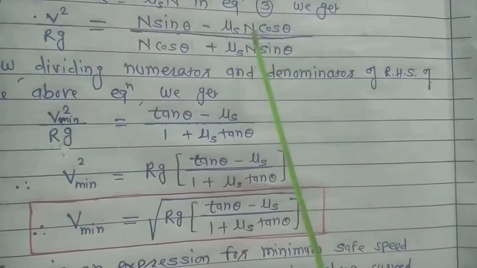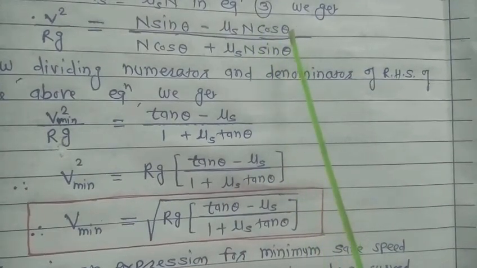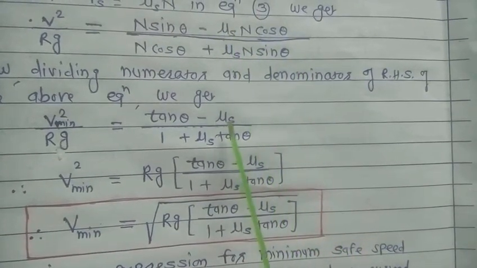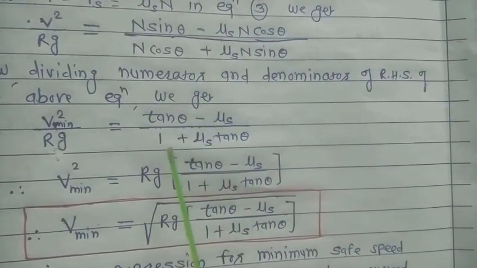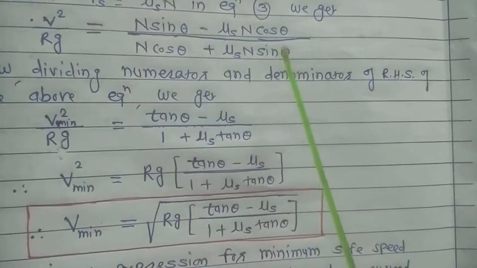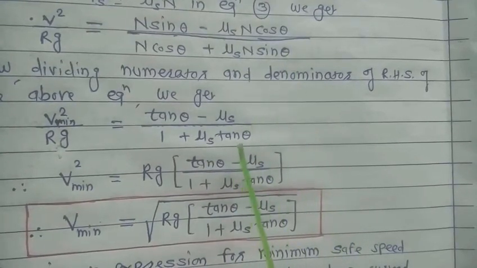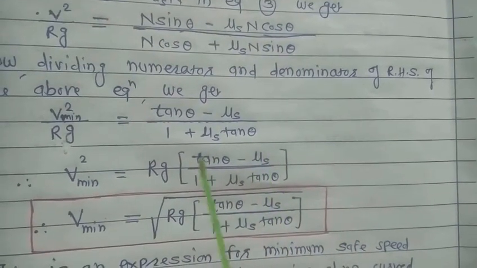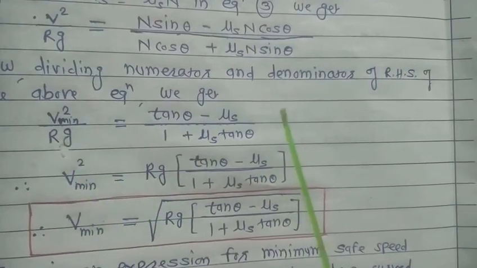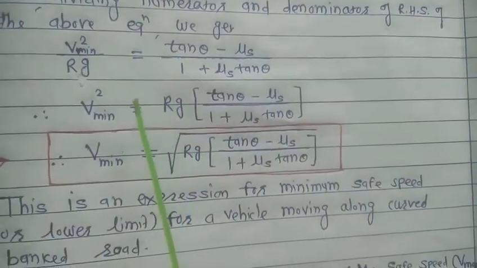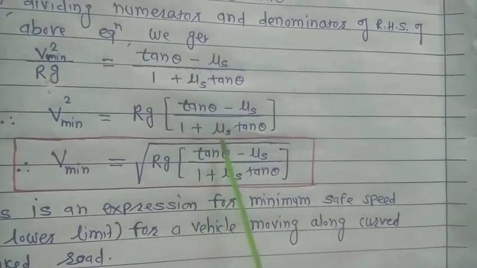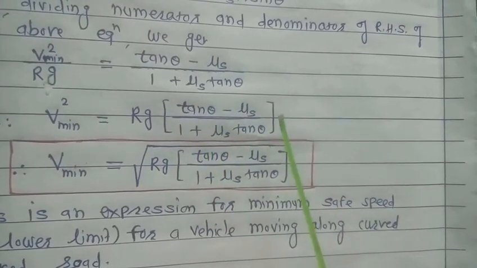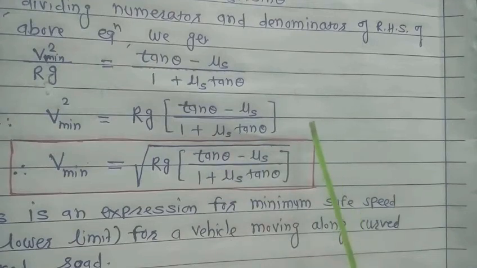Again dividing N cos theta by N cos theta gets cancelled, what remains? mu s. Similarly in the denominator, N cos theta gets cancelled, we get 1 plus mu s sin theta upon cos theta, that is tan theta. Now taking rg on the right hand side, we get v square minimum equal to rg times tan theta minus mu s upon 1 plus mu s tan theta.